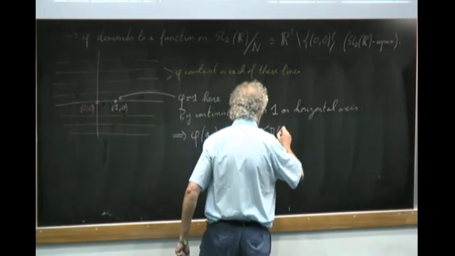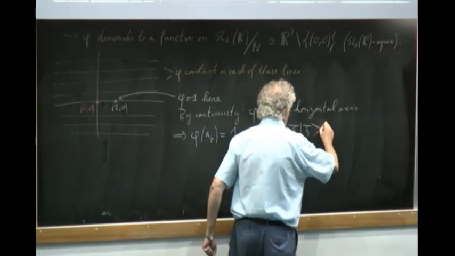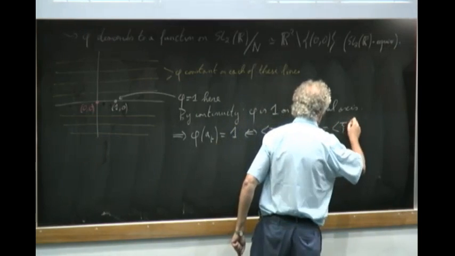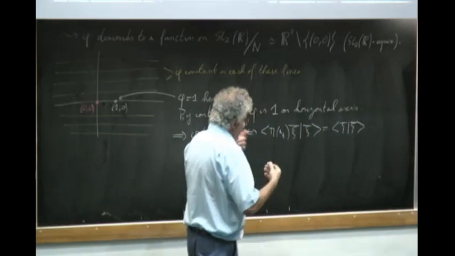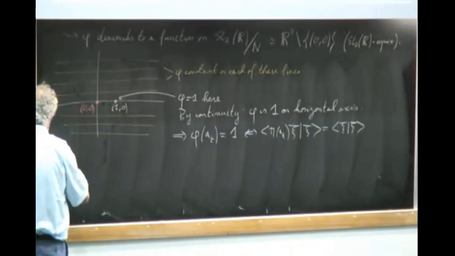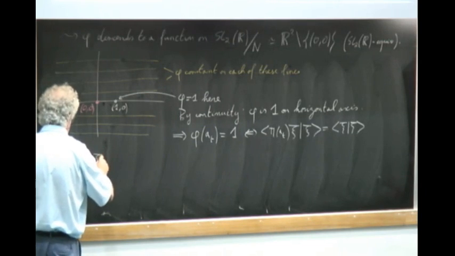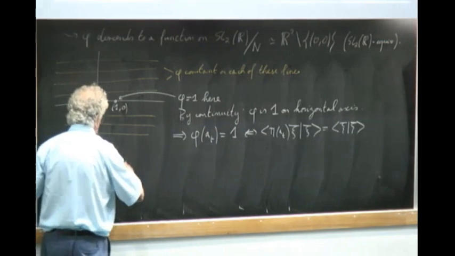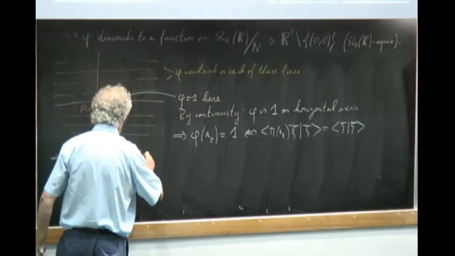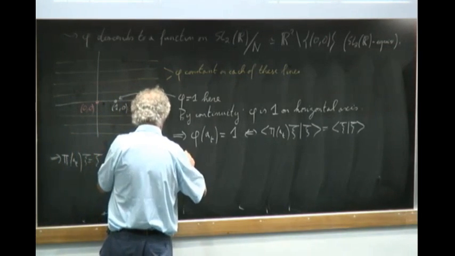So this means that pi of A sub t, psi is psi. And again, by the equality case of Cauchy-Schwarz, we are finished.